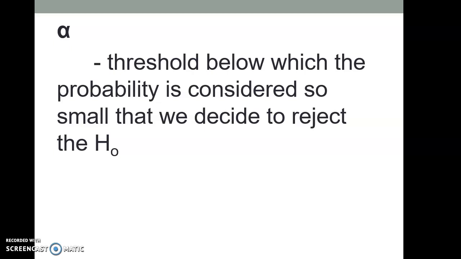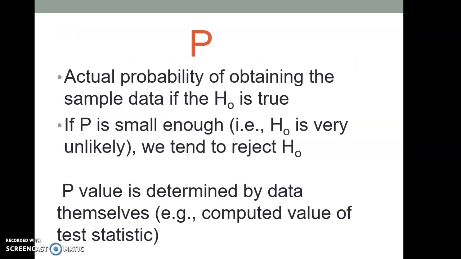And what's the p-value? The p-value is the actual probability of obtaining the sample data. That means, for example, in your SPSS tables, there is a p-value column there where it provides, for example, a p-value of 0.08.